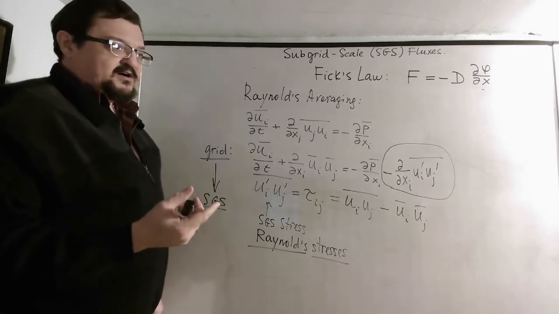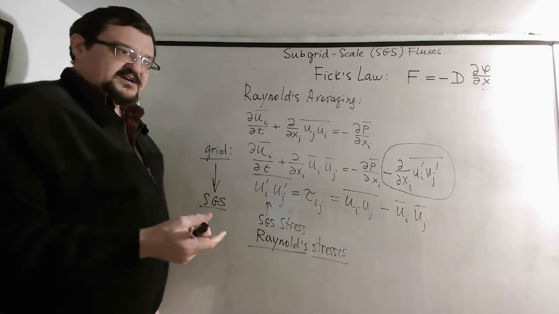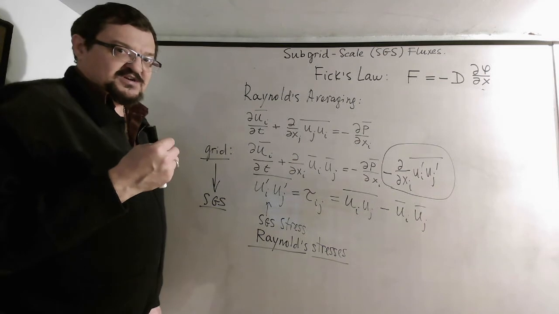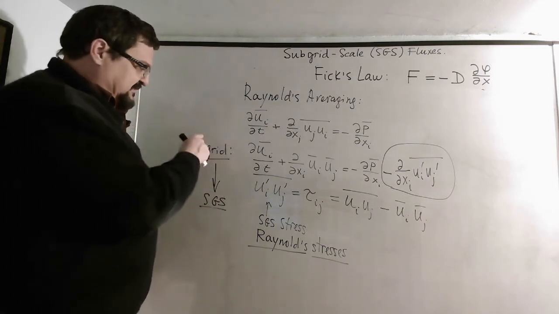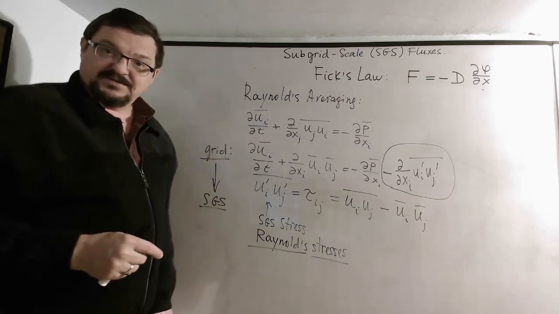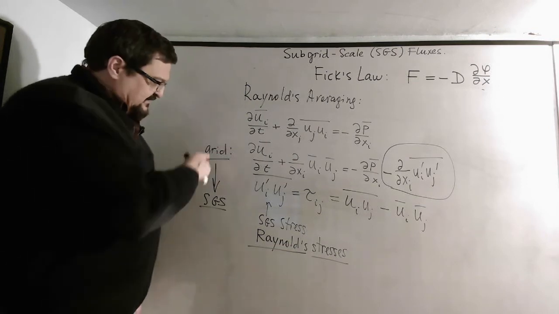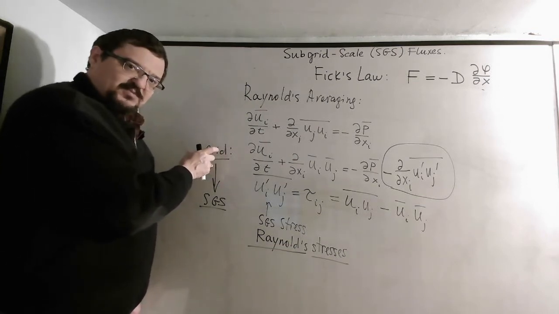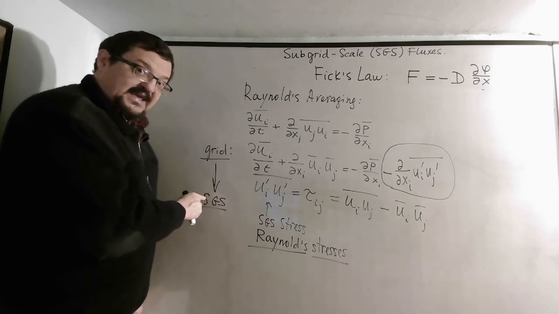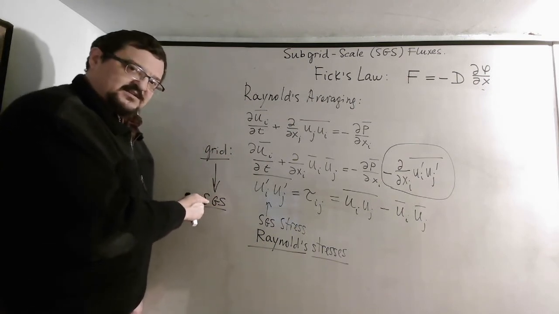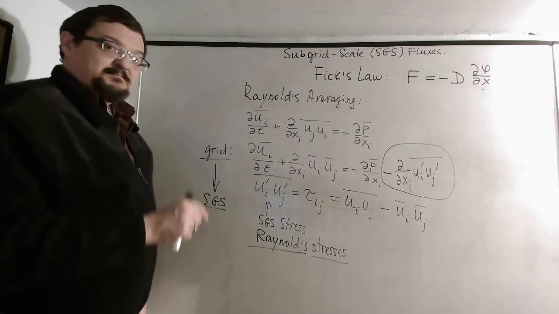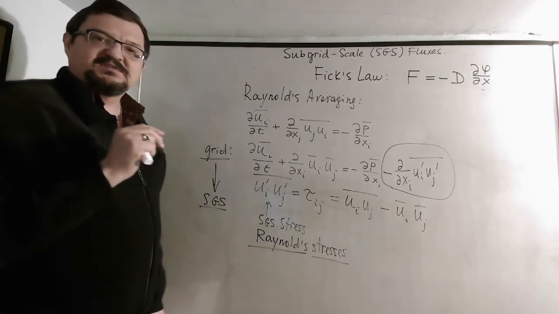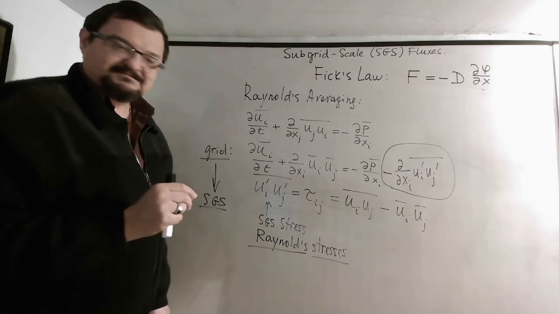In many cases, though, including a case that we're going to consider very soon, so-called inertial subrange turbulence, this correspondence is actually pretty much exact. So if you know some grid scale information about your turbulence, you can deduce pretty accurately the subgrid scale information from that. But again, we can only do the best that we can do.